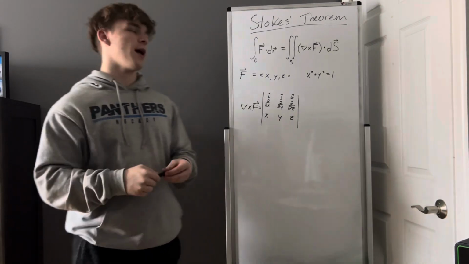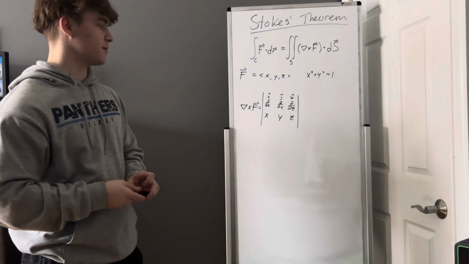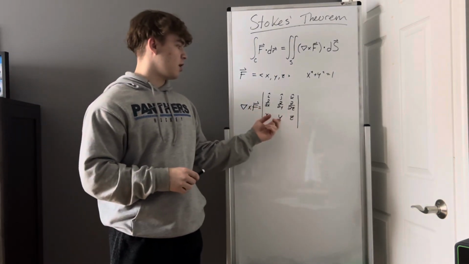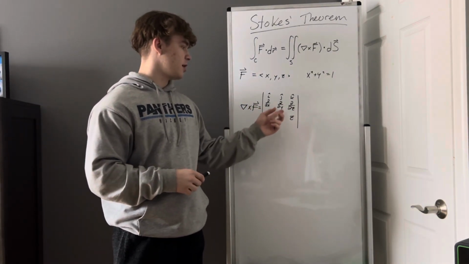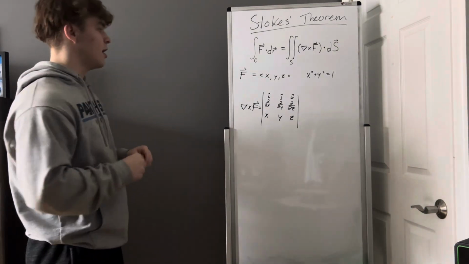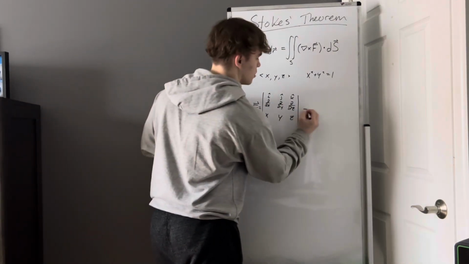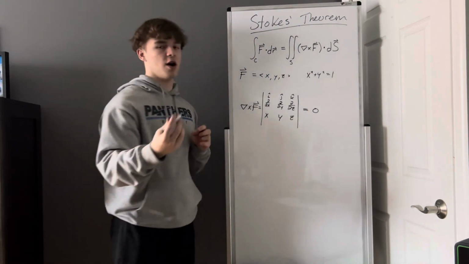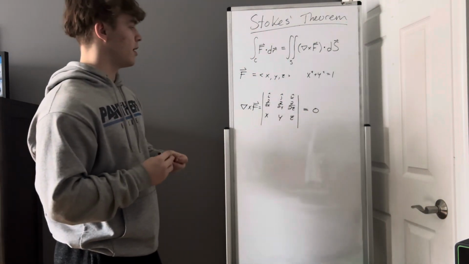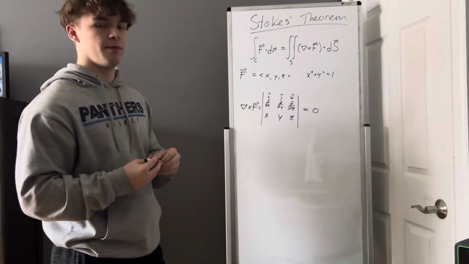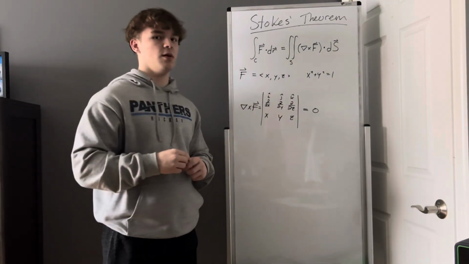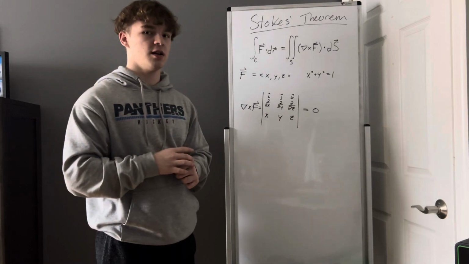Now, if you were paying attention while I was saying that, you would know that none of these variables match up. And for that reason, this will equal 0, since the partial derivative with respect to some variable that we are performing on another variable, which we therefore treat like a constant, will be 0.